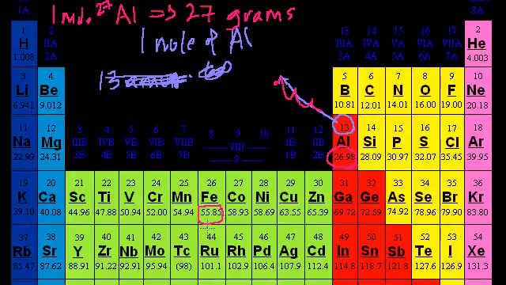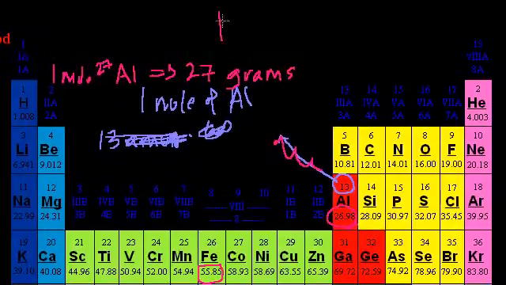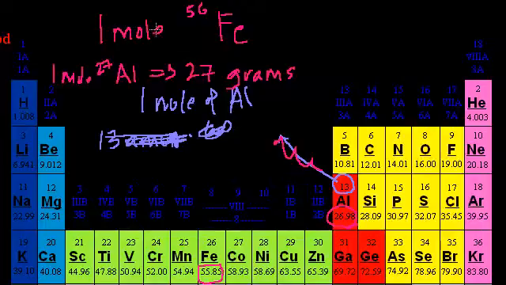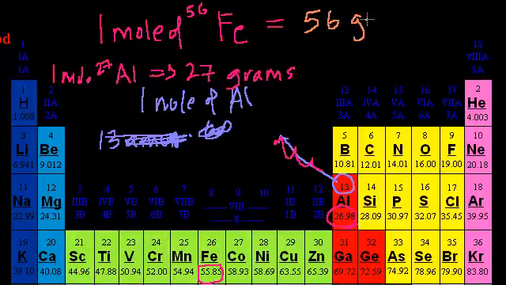There are obviously many isotopes of iron, but let's say we're dealing with iron 56. You normally don't hear it like that, but let's say we're dealing with the isotope of iron that has a mass number of 56. So if I have 1 mole of this atom right here, that's going to have a mass of, the math isn't difficult here, 56 grams.